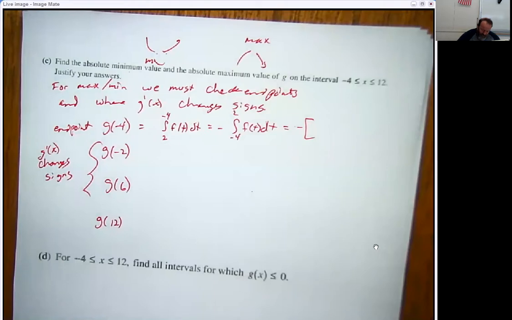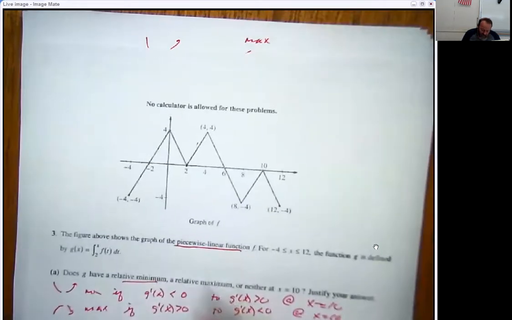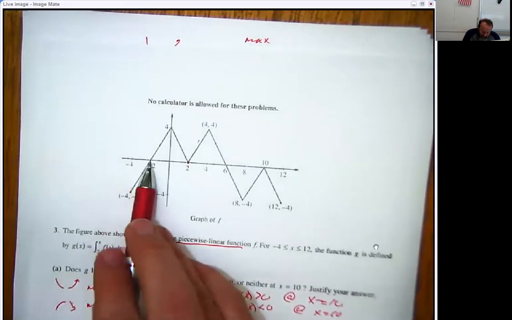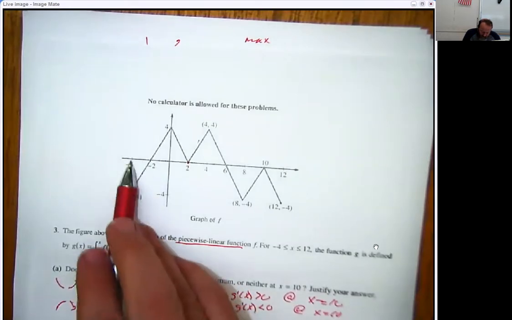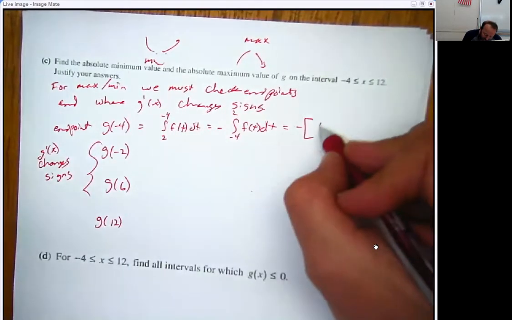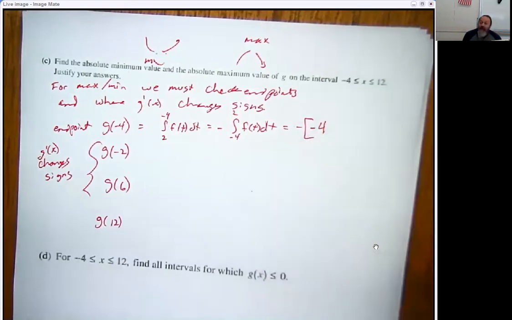So if I want to find the area under the curve from -4 to +2, notice the area of this triangle right here has a height of 4, base of 2, so 4 times 2 is 8. Cut that in half, I got 4. So the area of that triangle is 4, but I need to make it negative because it's sitting underneath the curve.